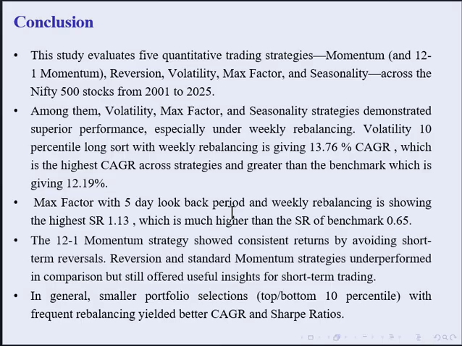In conclusion, we can say that in terms of CAGR, the volatility top and bottom 10 percentile was best, which is giving 13.76% CAGR, and in terms of Sharpe ratio, the max factor with weekly rebalancing top and bottom 20 percentile strategy gives the 1.13 Sharpe ratio, which is best among them.